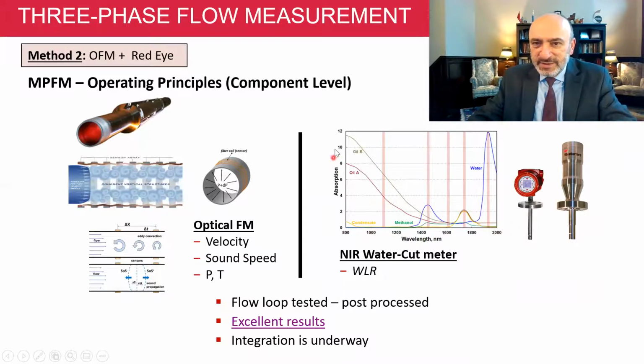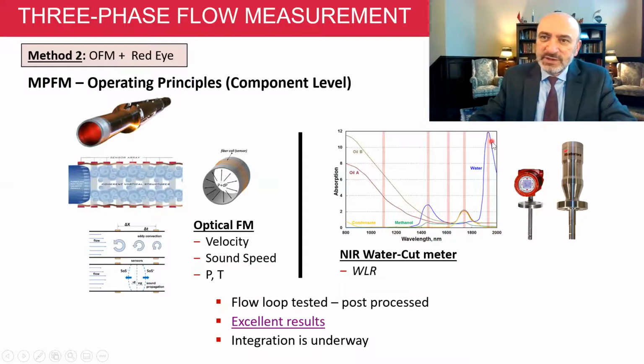This is a plot showing absorption versus wavelength in the near infrared region. As you see, we have different fluids: oil A, oil B, and water. We have other fluids as well. As you notice, we have very different absorption profiles for water.